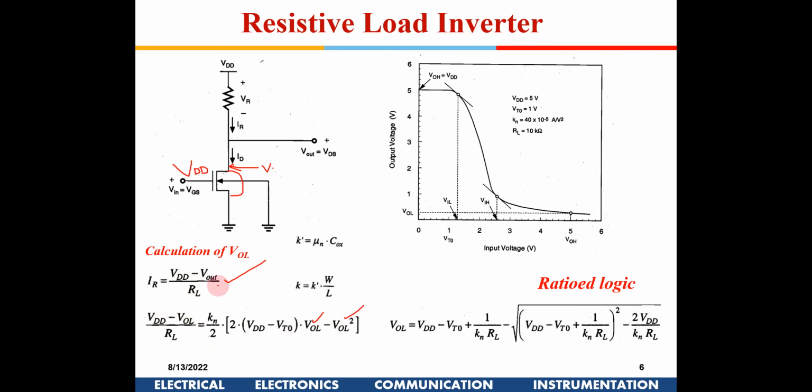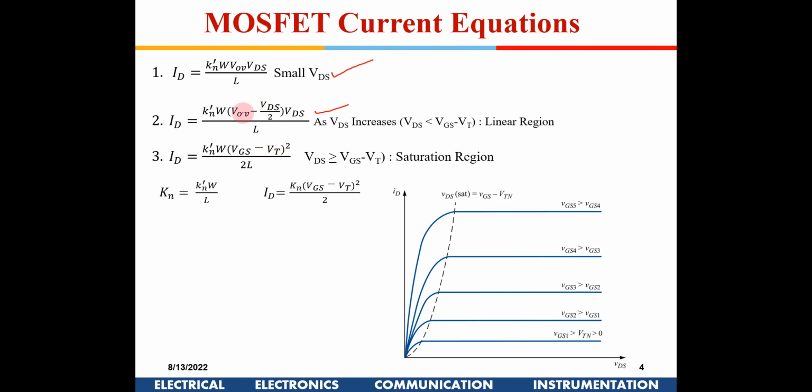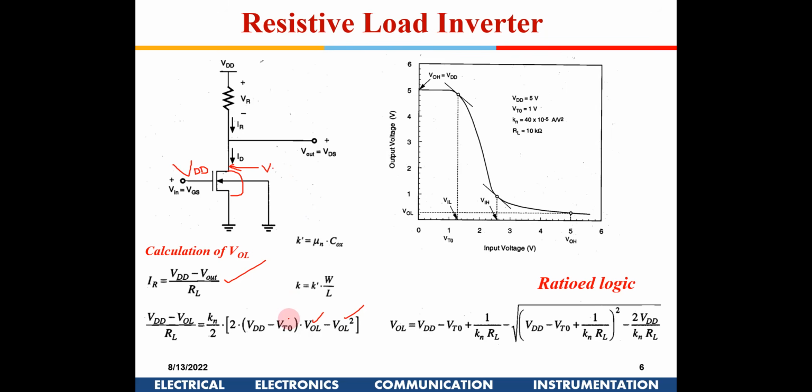So we are equating this current with this current equation. How do we get this equation? Is it clear to all of you? One, we are defining this output as VOL, which is a variable, right? VDD minus VOL divided by RL, and this is the current equation for the MOSFET, and we are equating these two current equations, right?